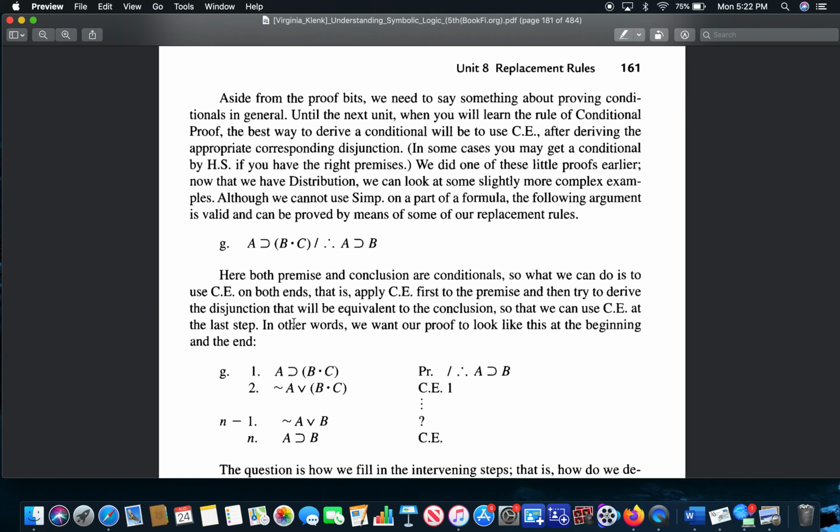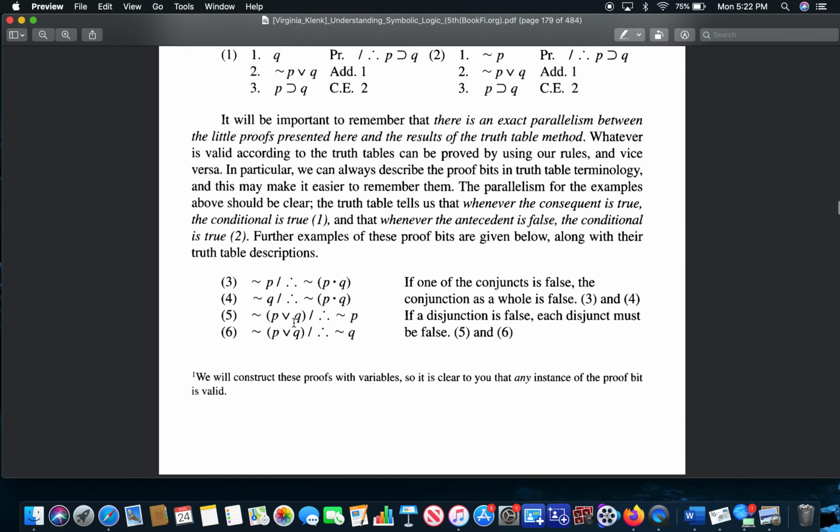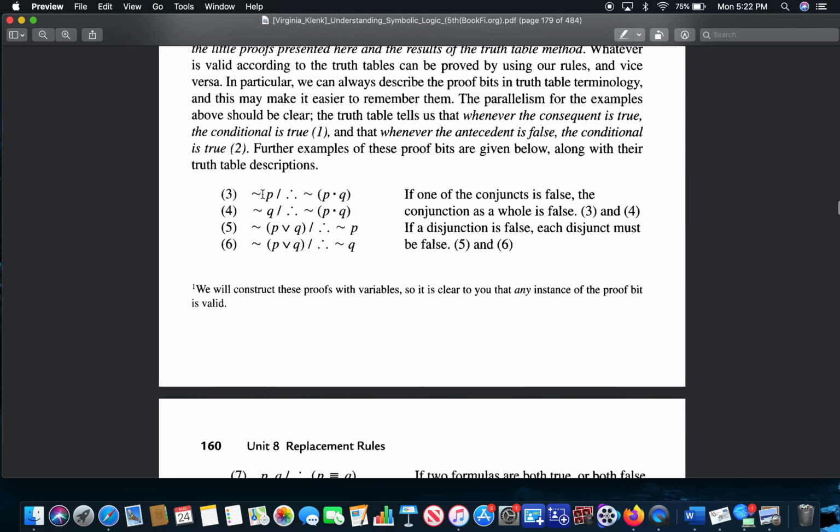You'll be at a place where you're working backwards, where you see that you need to get from, especially in this one here, the negation of a formula to the negation of a conjunction, right?